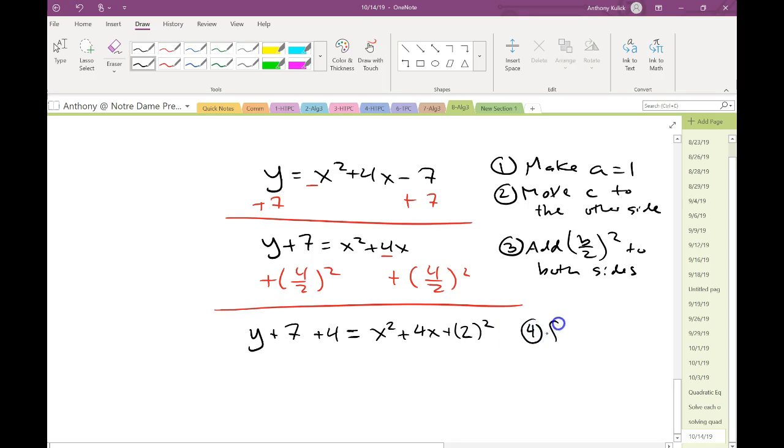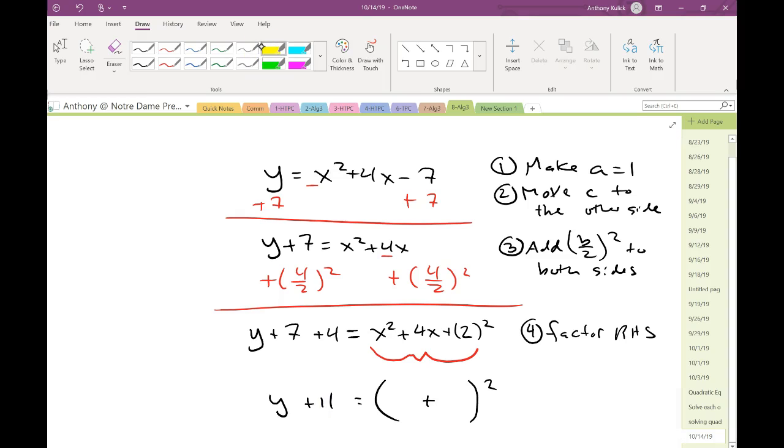My next step would be then to factor that right-hand side. So I just abbreviated right-hand side as RHS. So I know this is going to factor in a very predictable way. And then I'm going to go ahead and add the 4 and 7 there to make 11.